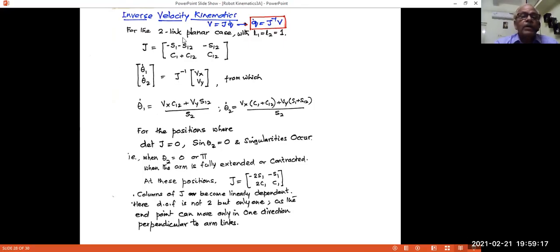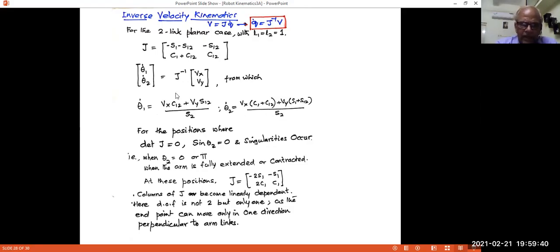For a two-link planar case, J will be this, and you multiply J inverse with the endpoint velocity. Suppose Vx and Vy are the two components of the two-link planar manipulator endpoint velocity. You multiply that with this. Then for theta 1 dot, you get this expression, and for theta 2 dot, you get this expression.